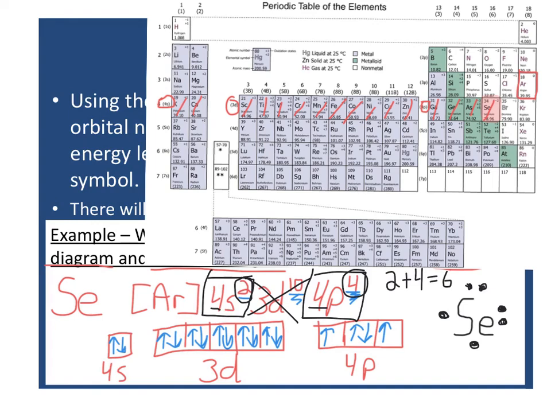All right, the other thing that this all means is that since we only look at S and P electrons, any D block element, remember the D block is over here, the big, thick D block in the middle, or the little F block elements at the bottom, have electrons in the F or D block.